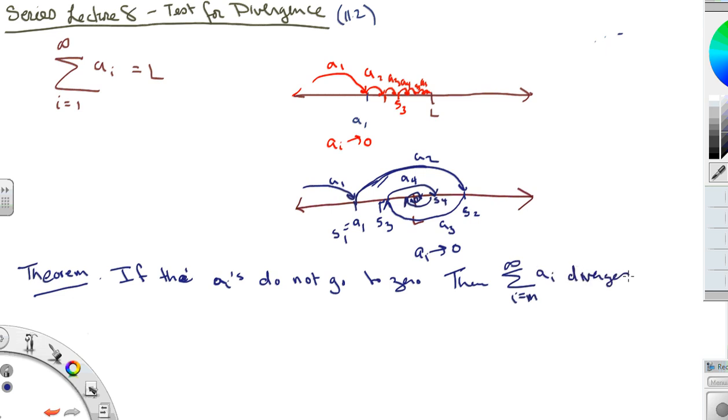So in order for it to converge, the terms have to go to 0. If the terms don't go to 0, it definitely does not converge. However, the converse is not true.